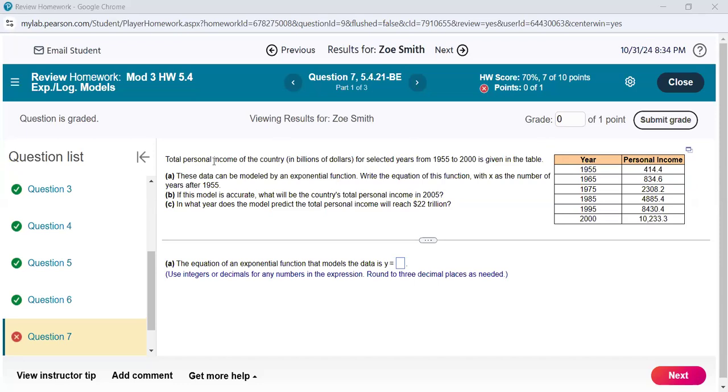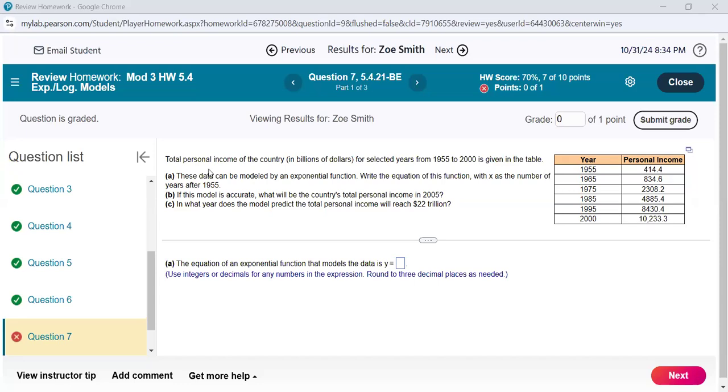All right, so they want us to do an exponential function, and they have us realign our x variable. It says x is the number of years after 1955. So we don't put in the entire year for the x values. In the calculator, it goes into list 1. List 1 and list 2 are what the calculator uses for x and y, or input and output.